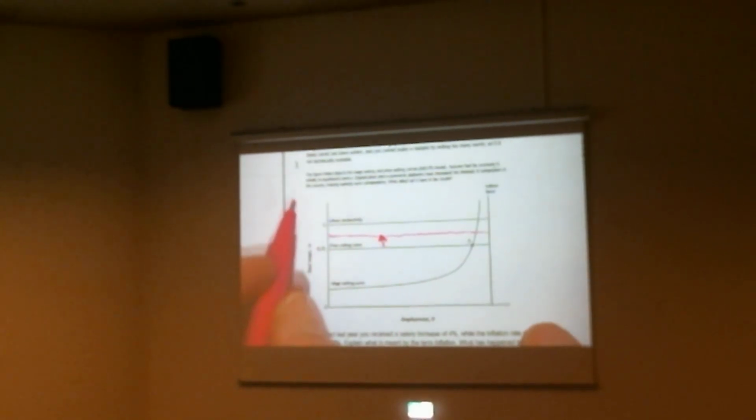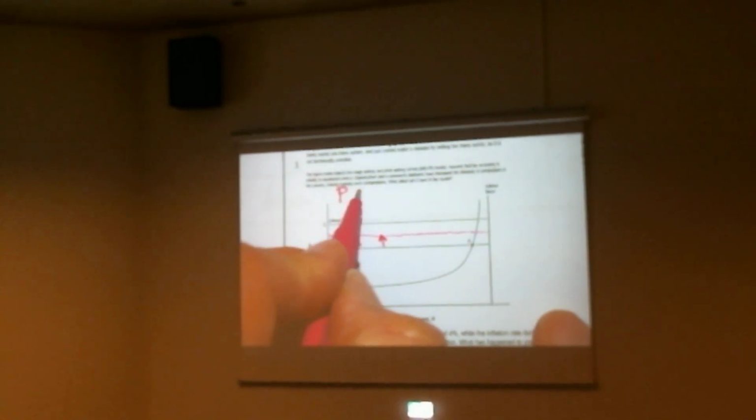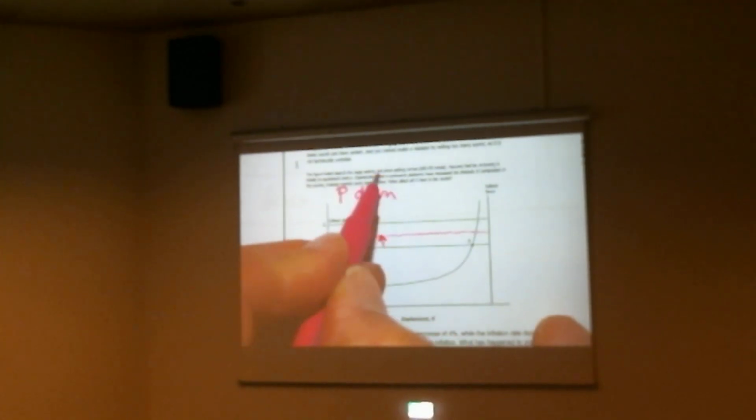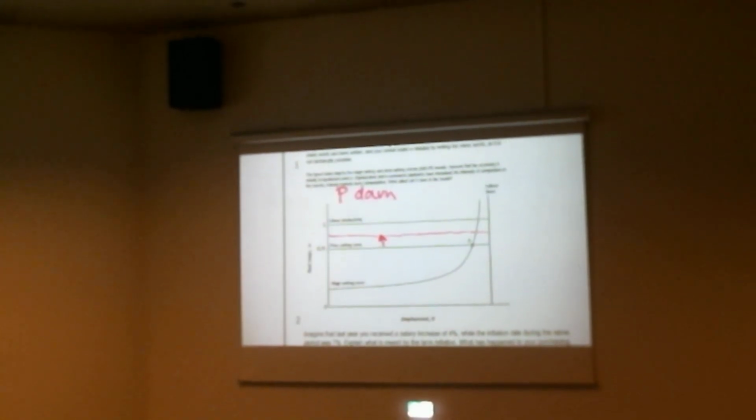And why is that? Because with more competition, firms will lower the price, which we explain by shifting the PS curve up.